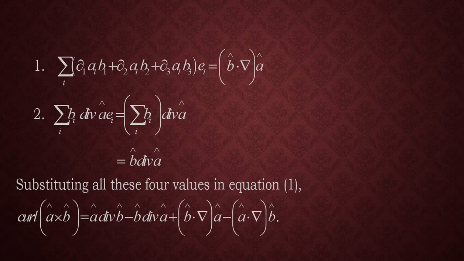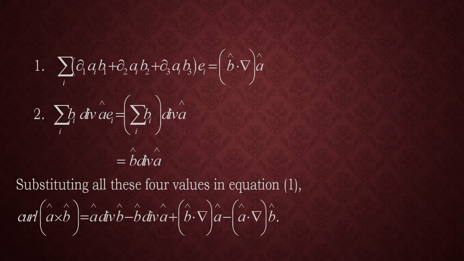Now we have found all the four terms. Now let us substitute them in curl of A cap cross B cap. Then we obtain curl of A cap cross B cap equals summation sigma over i of Ci Ei.